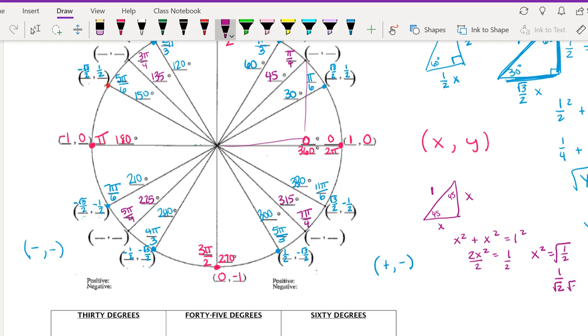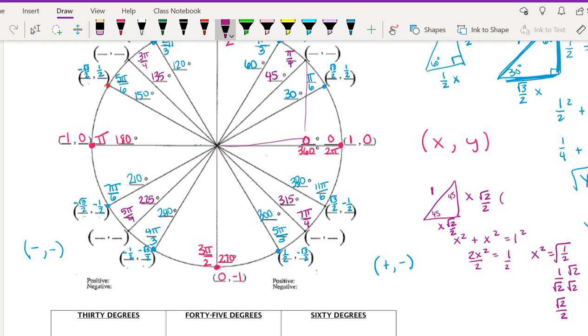I can't have a square root in the denominator, so I rationalize it, and I get the square root of 2/2. Square root of 2/2 is each of the x values. So this is the square root of 2 over 2, and this is the square root of 2 over 2.